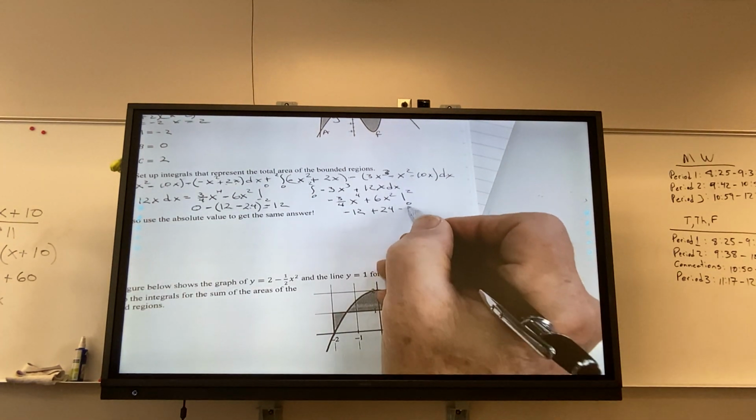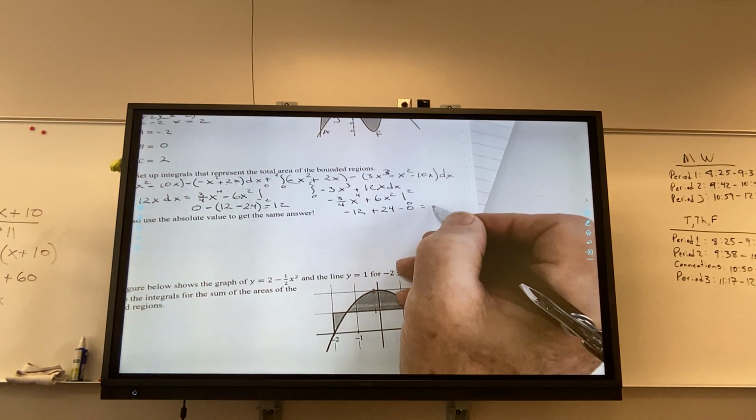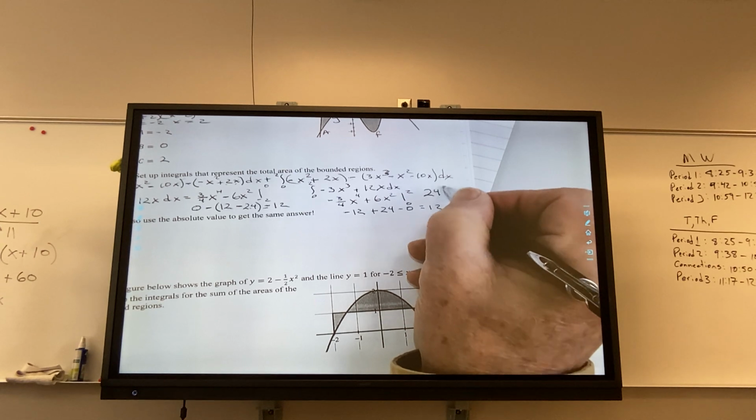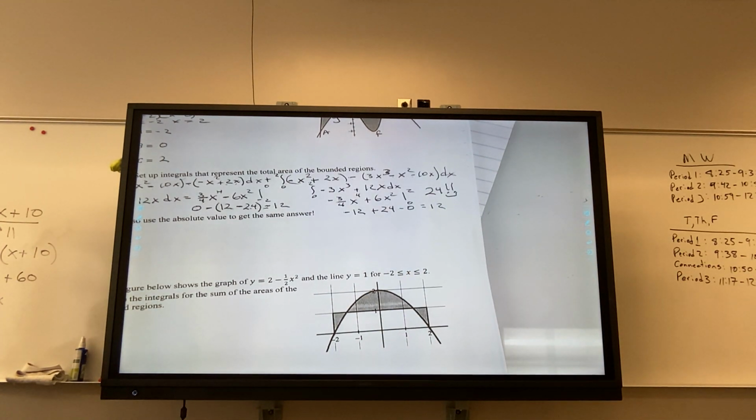And when I plug 0 in there, I get 0, correct? So I get another 12, so my answer is 24. Happy day. Okay? That's what you would have to show me if it's calculator free, correct? A very doable problem, right?